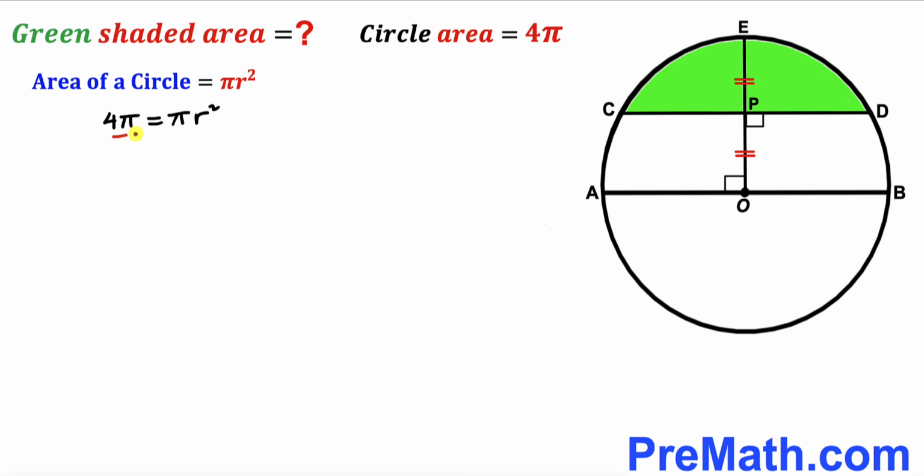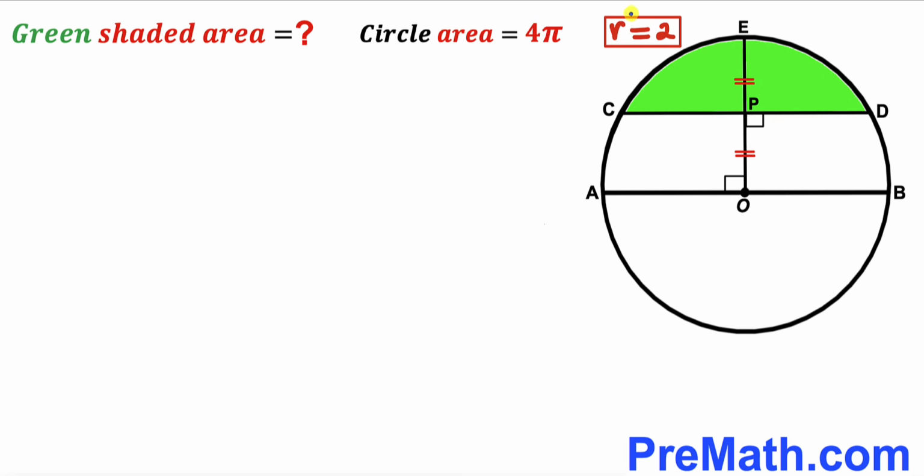And now I am going to divide both sides by pi. So therefore we could see that our r square value turns out to be equal to 4. Let me go ahead and undo this square by taking square root on both sides. So therefore our radius lowercase r value turns out to be positive 2 units.